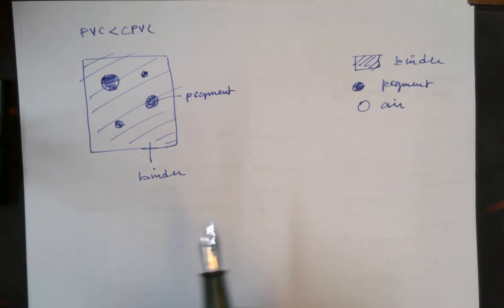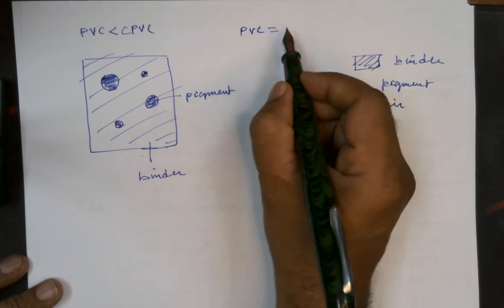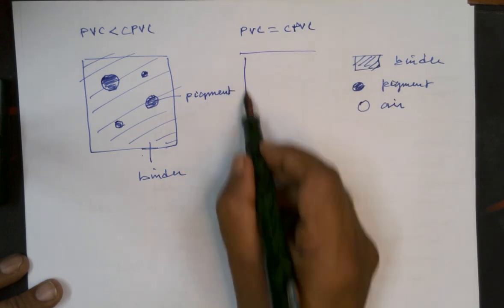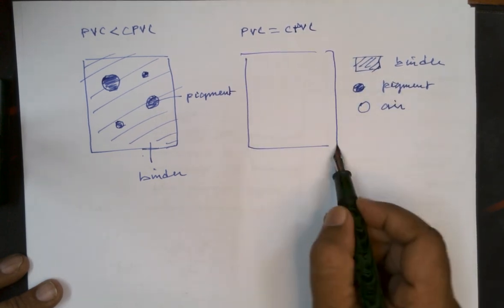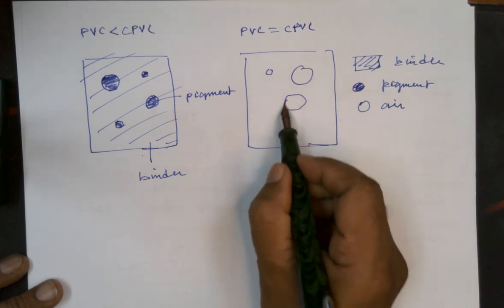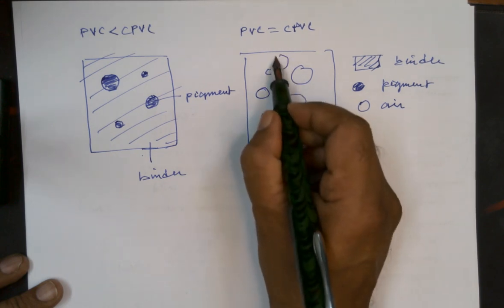And let us assume pigment volume concentration is equal to critical pigment volume concentration. It means we have a binder surface area and we have got an equal amount of pigment volume also.